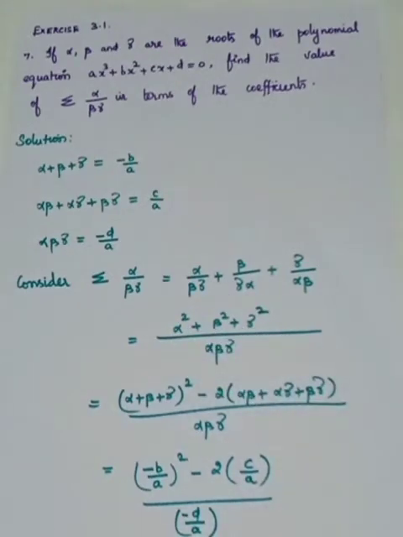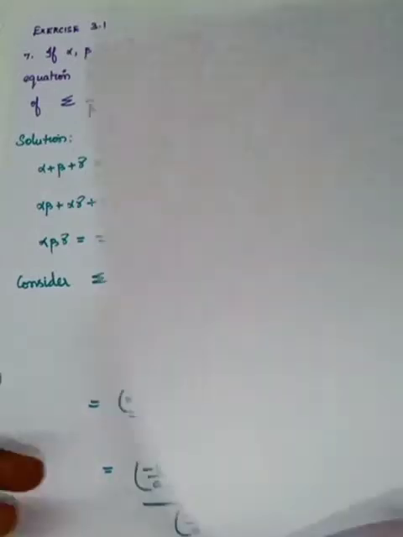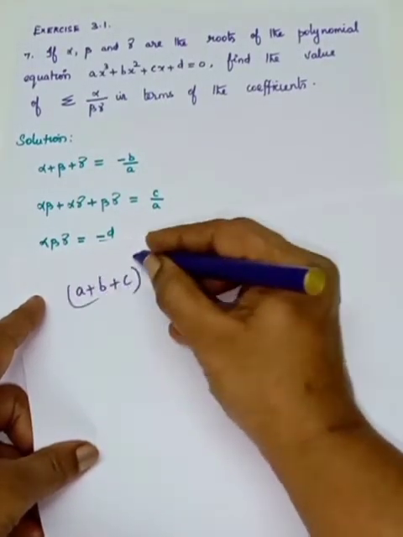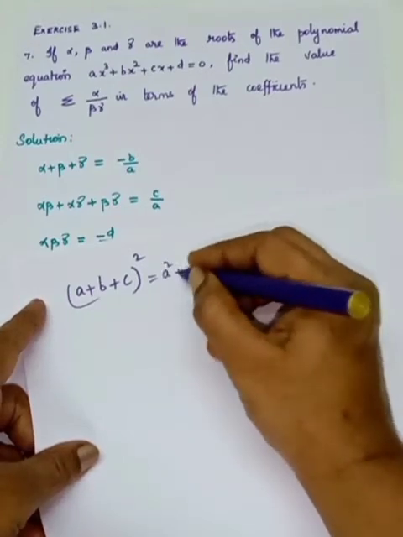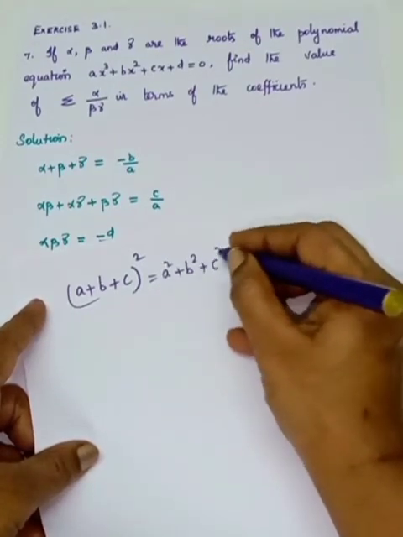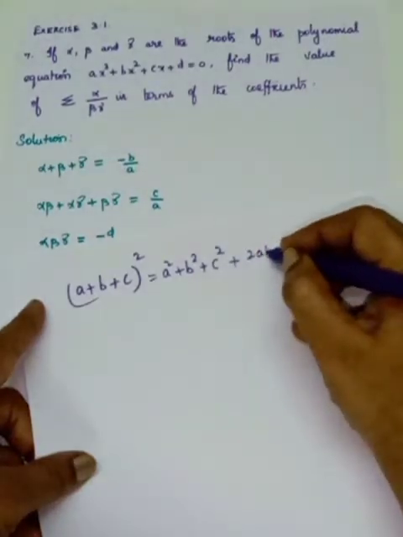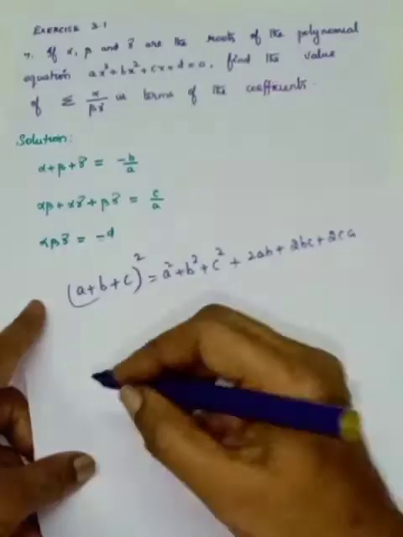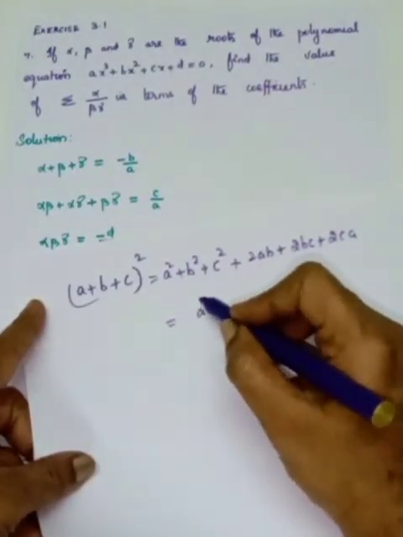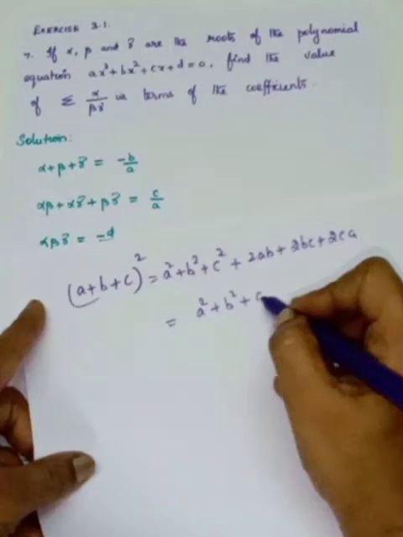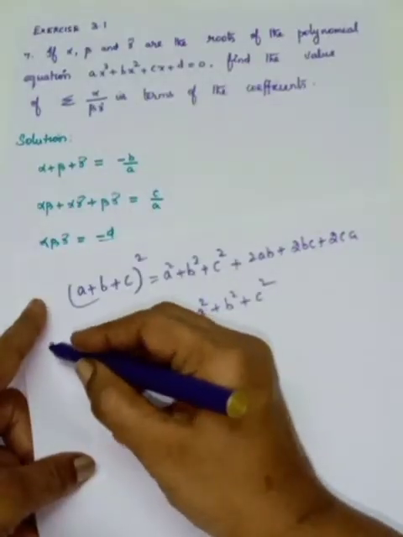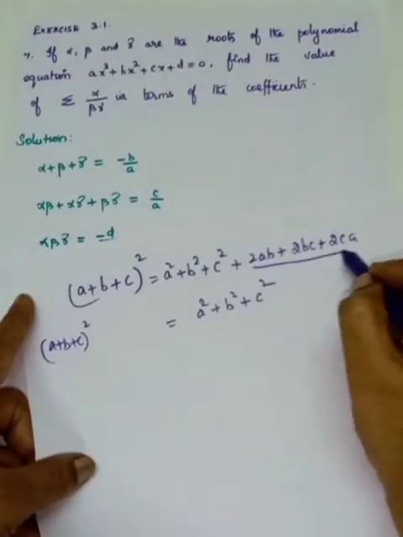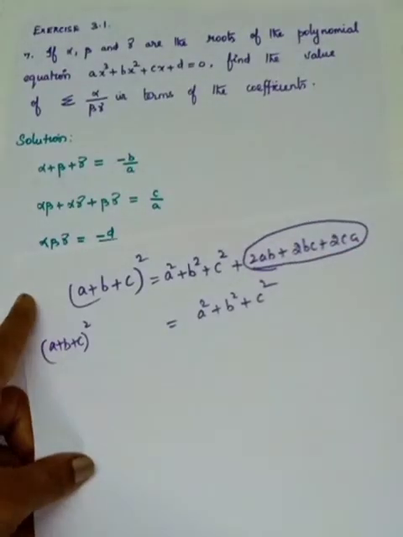So we can write the formula. You know that a plus b plus c the whole square, how will it be written? a square plus b square plus c square plus 2ab plus 2bc plus 2ca. So if you want to find a square plus b square plus c square alone, we can write it as a plus b plus c the whole square, and from these three terms, what is common? 2.